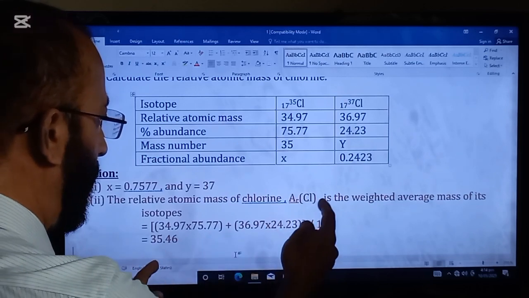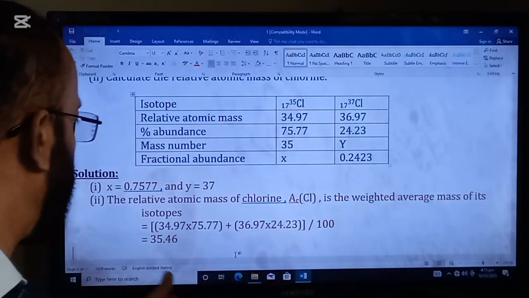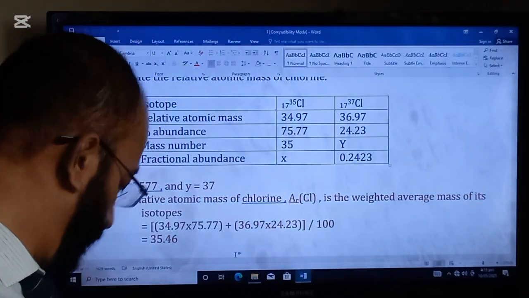Close it into the bracket, whole divided by 100. Solve it on the calculator. 35.46 will be the answer.